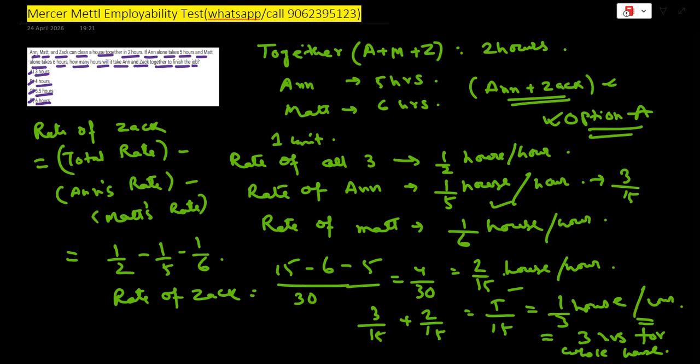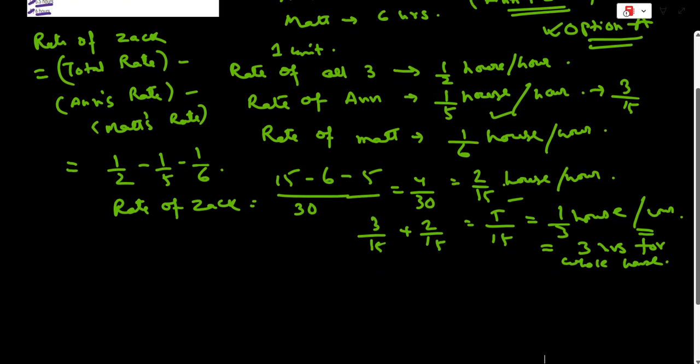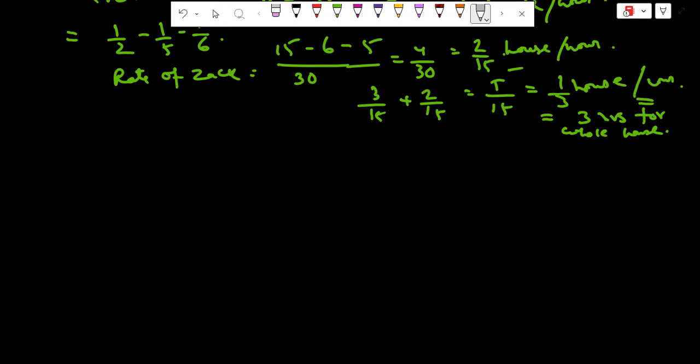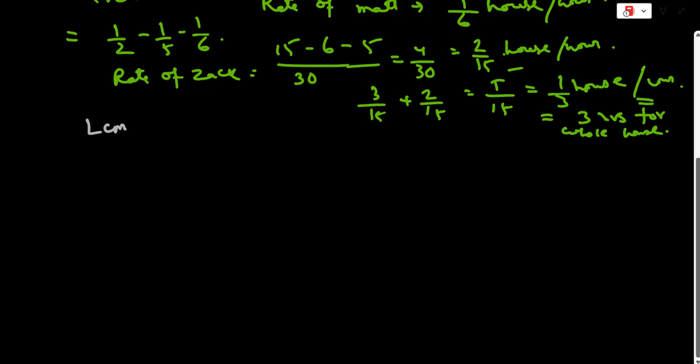Now, if I talk about the LCM method, instead of the messy fractions, pick a fake house size using the LCM of the times, that is 2, 5 and 6.